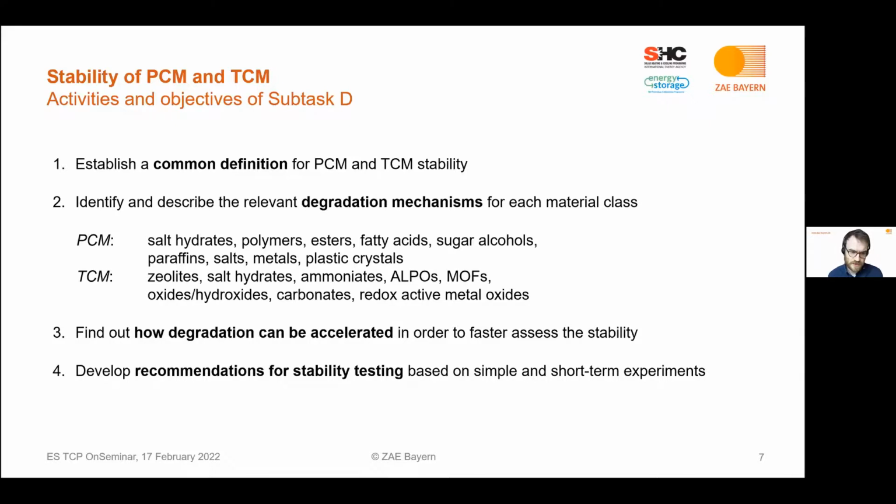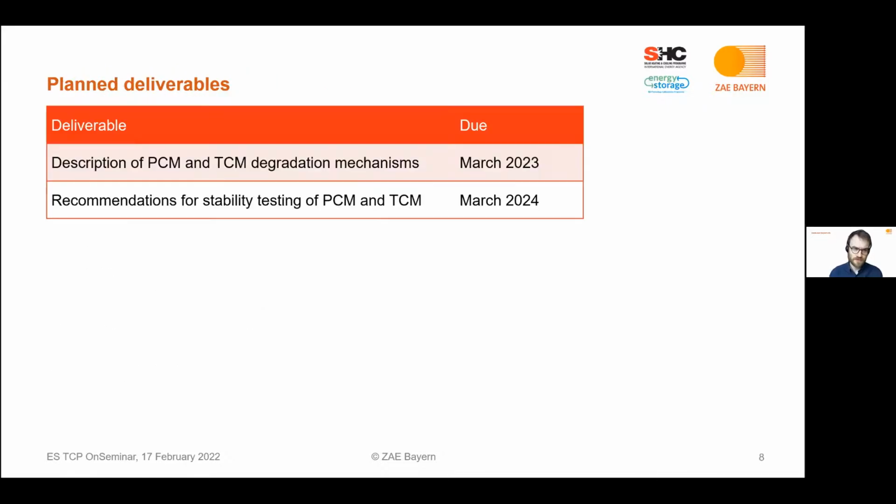Activity 3 is then to find out how degradation can be accelerated in order to assess the stability faster, if this is possible at all. And bringing all this together, we would like to develop recommendations for stability testing that is based ideally on simple and rather short-term experiments.